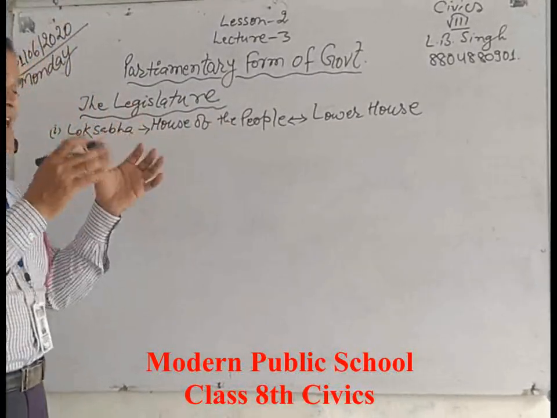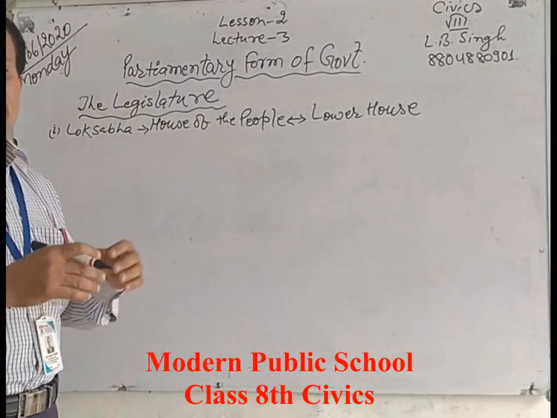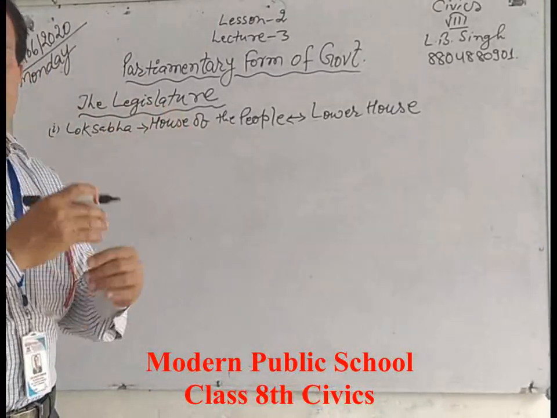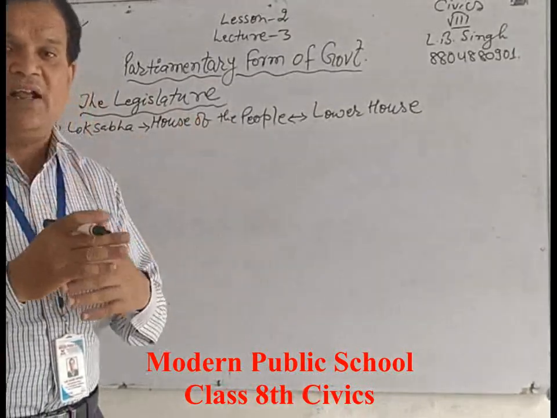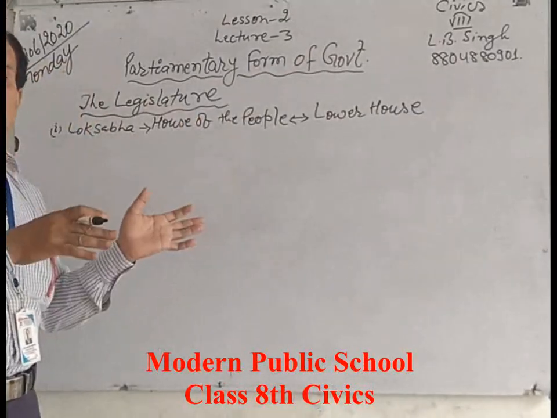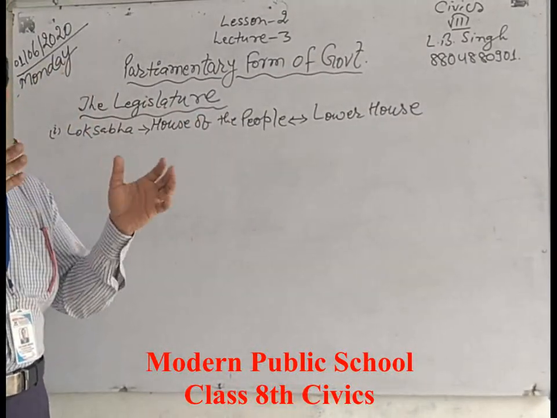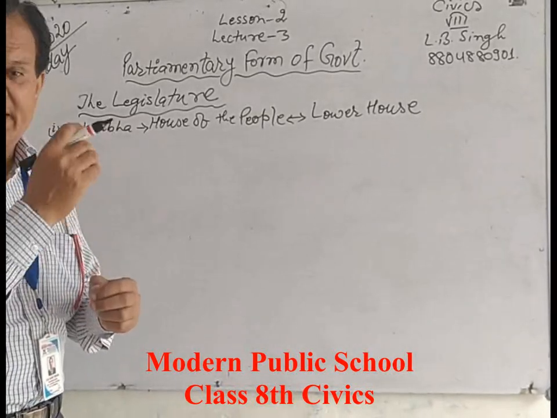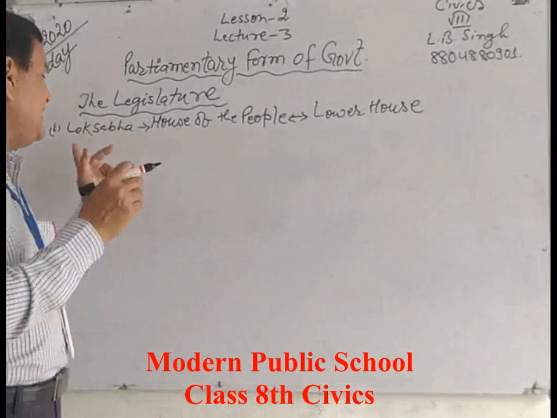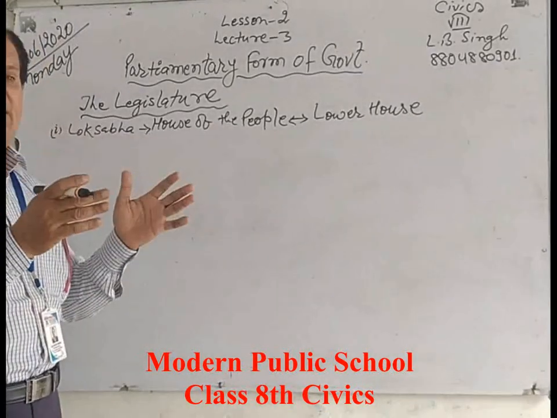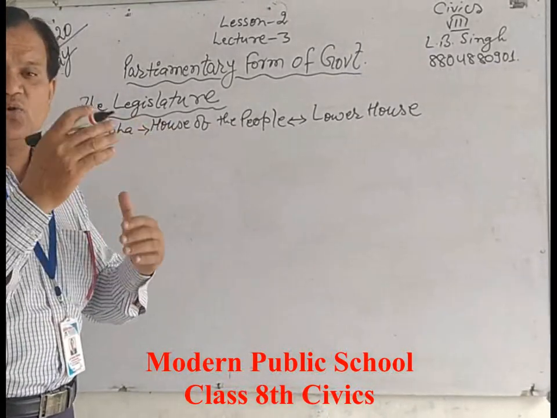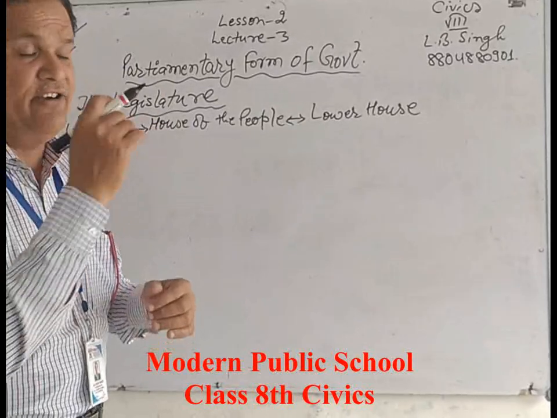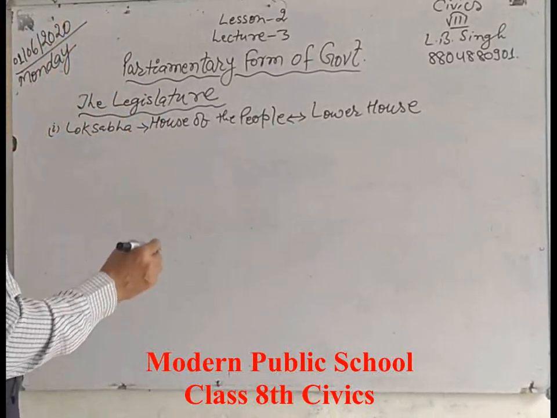But the candidate who has more votes becomes the winner and goes to the parliament. They are known as members of parliament, and their duty is to sit in the Lok Sabha and make the rules and regulations for the country.